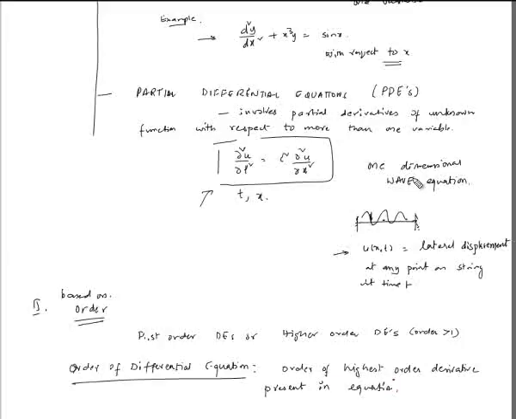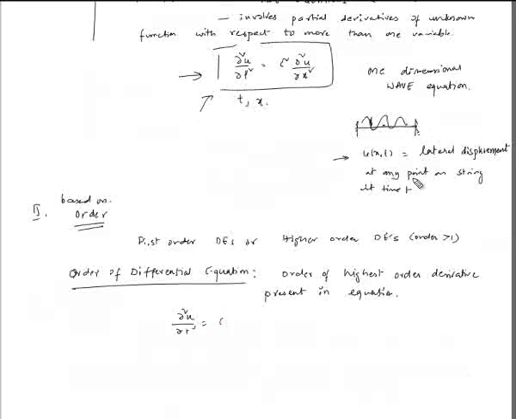So for example, let's take this wave equation example. In this, the highest order derivative term is 2, right? Either you take this term or this term, the order is 2. So this is called the second order PDE because it's a partial differential equation.